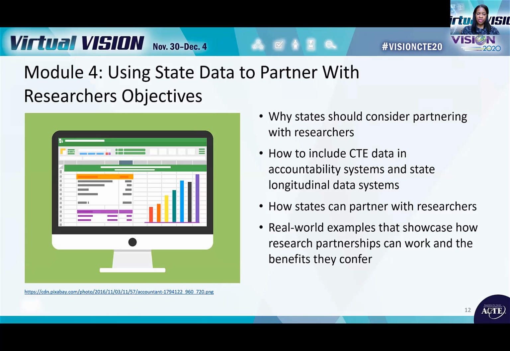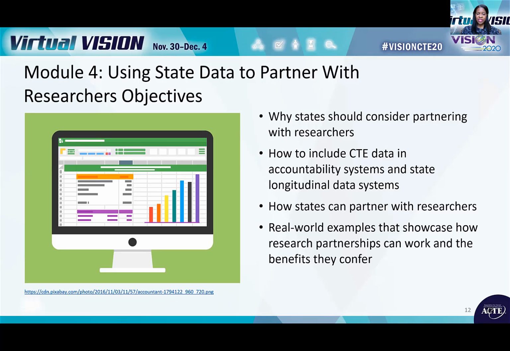You'll also be able to explain how states can partner with researchers and have a real strong understanding of how to use real-world examples to showcase how a partnership with a researcher can work and benefit you and your program.